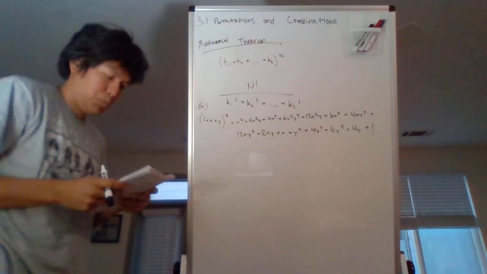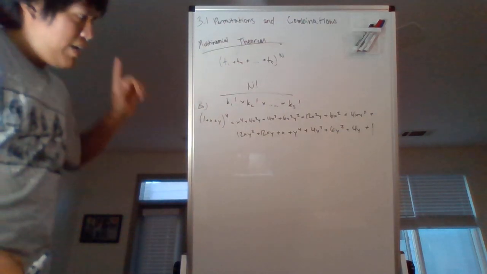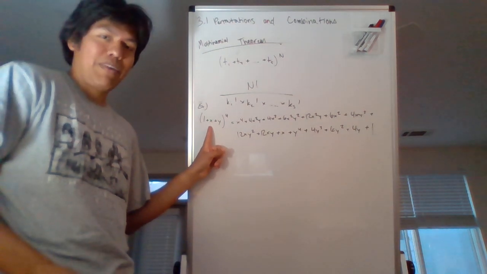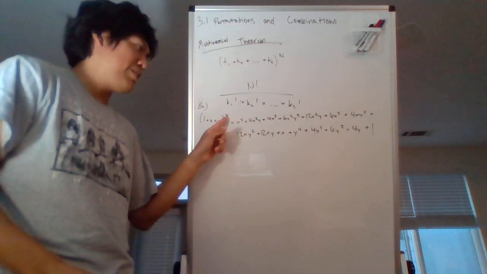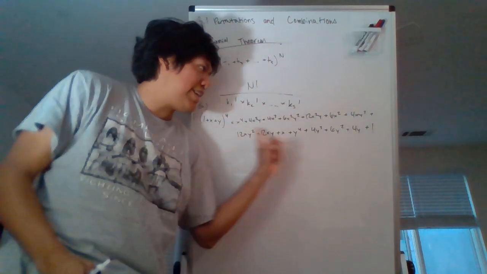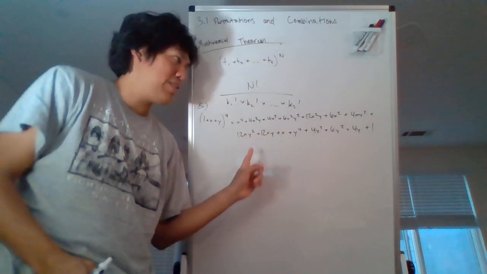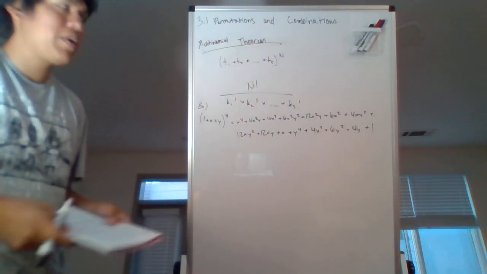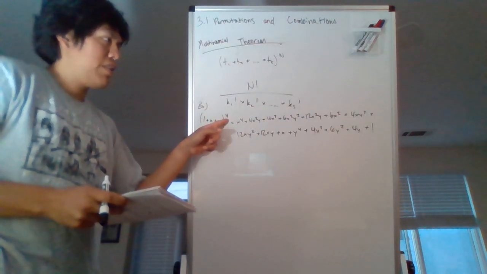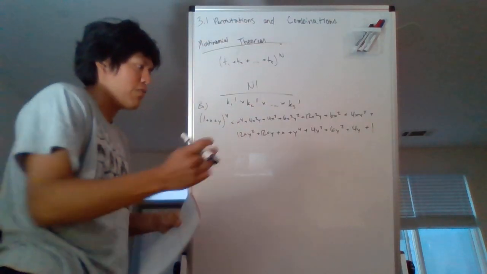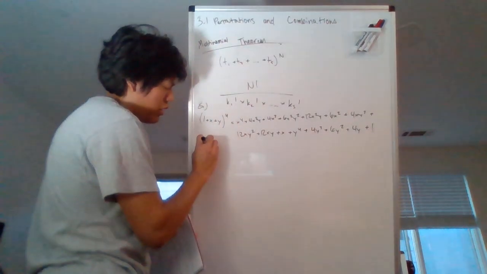Again, we have this equation. We multiplied everything out, or in this case we raised everything to the fourth, and this entire two lines of work is what it is. The capital N, again, is the exponent. So in this case, n is equal to 4.